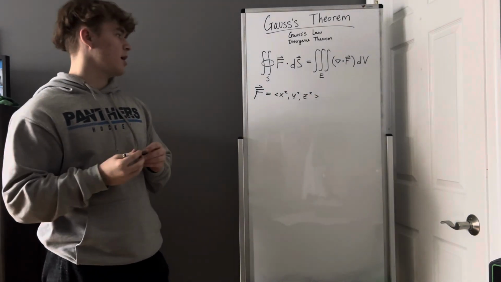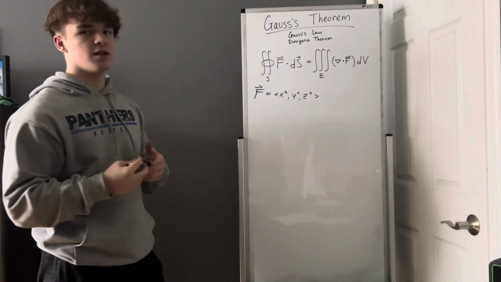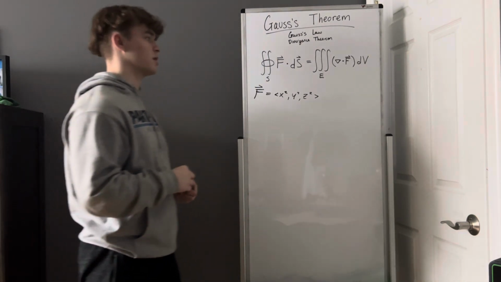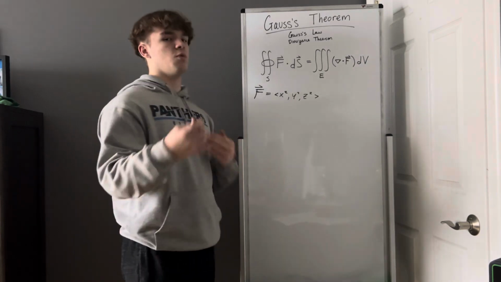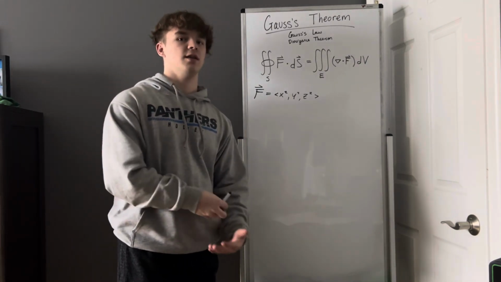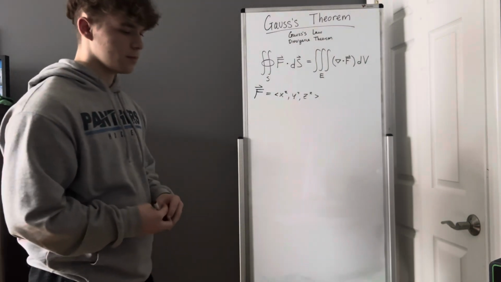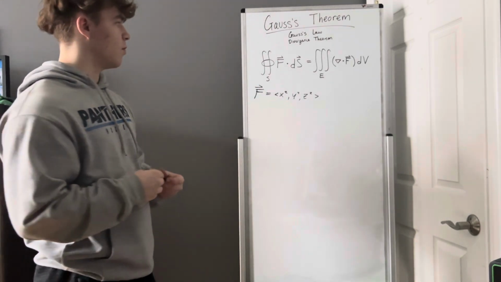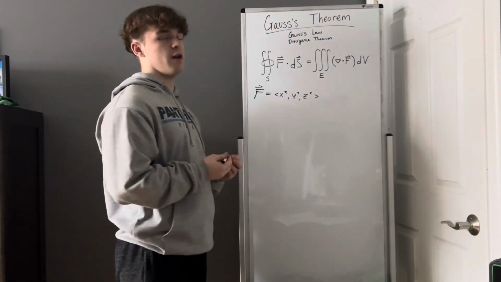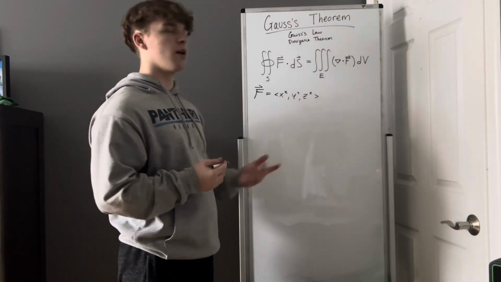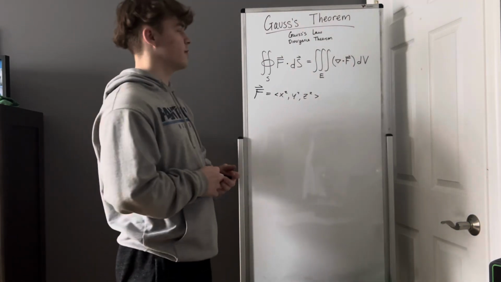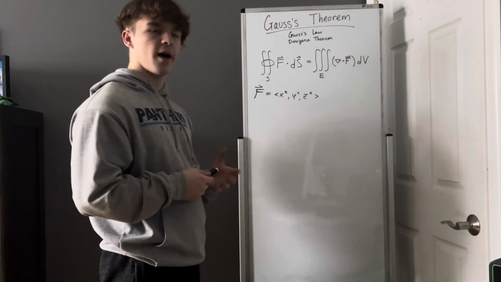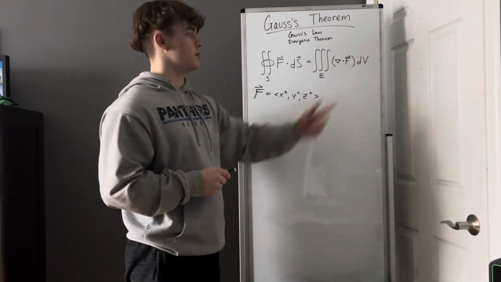And our surface is the cube I just drew, where it spans from 0 to 1 on the x, y, and z axis. So, how would we evaluate this? Well, we could evaluate all 6 sides of the cube in a surface integral. But why would we do that when we can just do this?